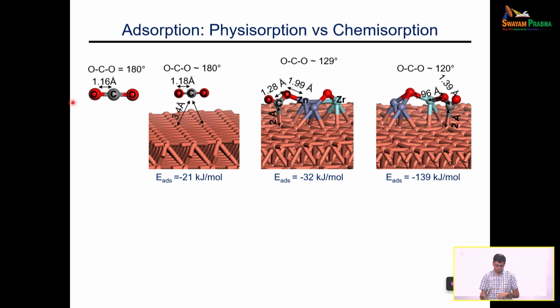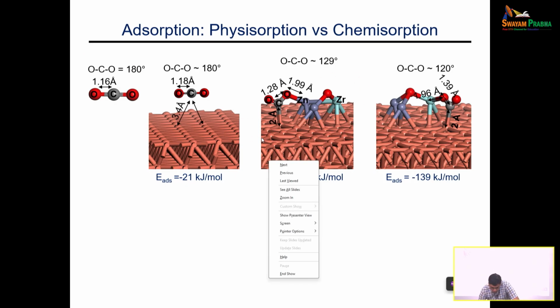Small variations are possible, and think about this: everything else apart from the CO2 that you see is a catalyst or an adsorbent. If you need, this is a copper catalyst.